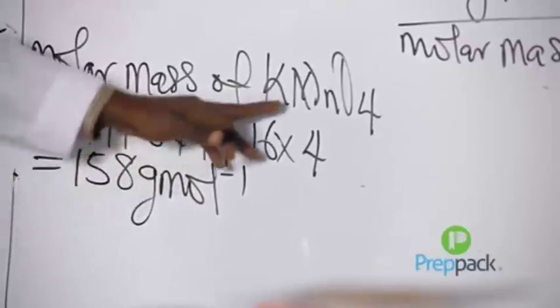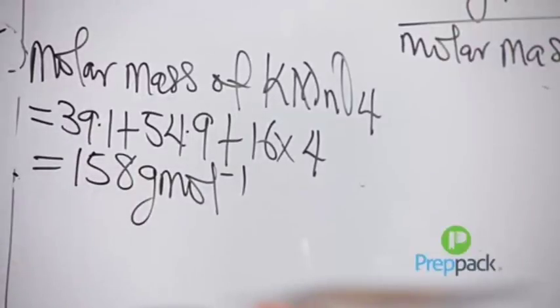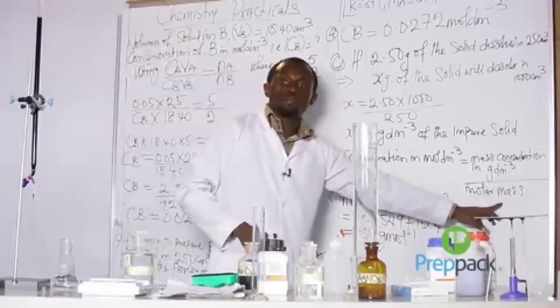The unit of molar mass is gram per mole. So I have known the molar mass of KMnO4.